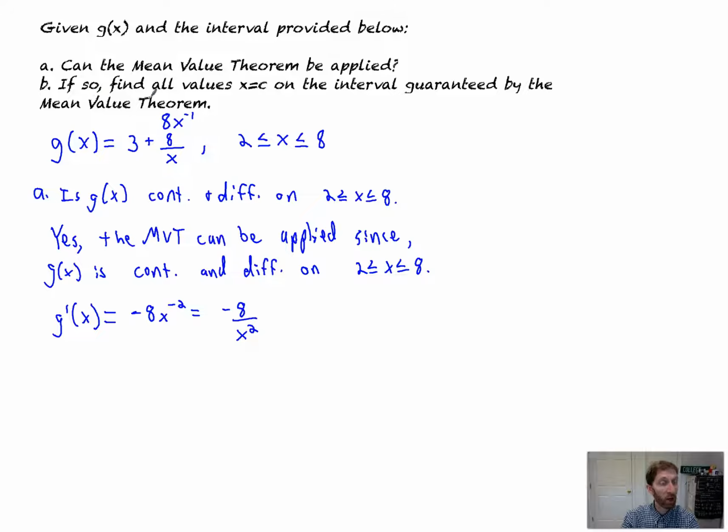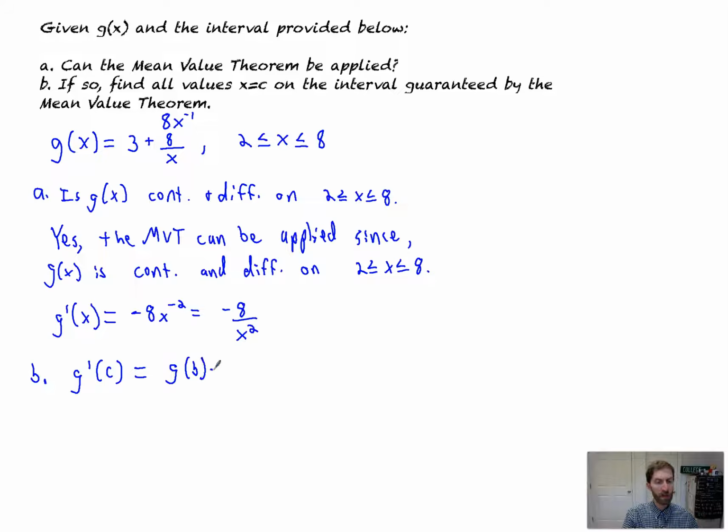Next, if so, we said it was, find all values x equals c on the interval guaranteed by the mean value theorem. Okay, what are these values that are guaranteed by the mean value theorem? The mean value theorem guarantees that there must be some c value or values between 2 and 8 such that the derivative of g at some c value or values is equal to the slope of g over that interval.